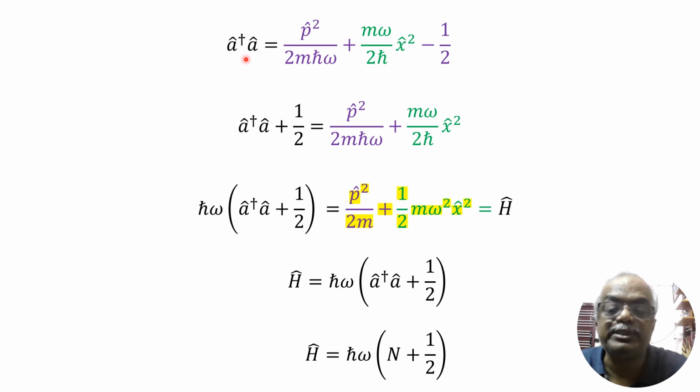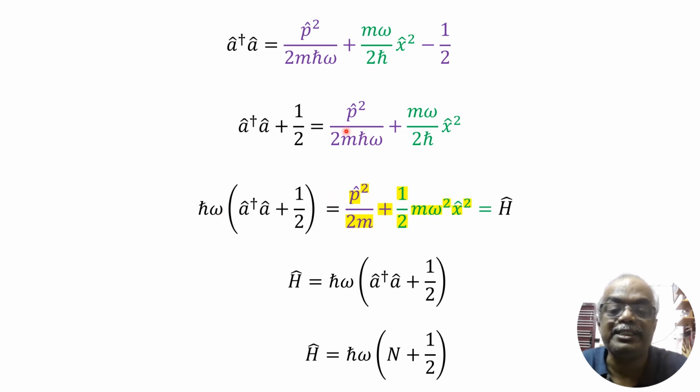So we have seen that A dagger A is equal to p squared over 2m h cross omega plus m omega over 2h cross x squared minus half. You bring this minus half to the left hand side, then it will become plus half. You multiply this by h cross omega on both right hand side and left hand side. Then in the left hand side, I have multiplied this by h cross omega.